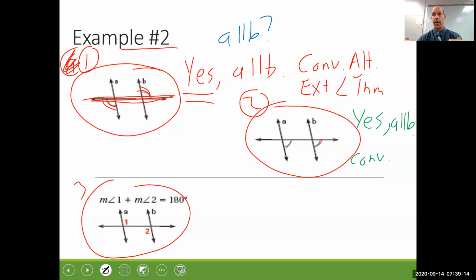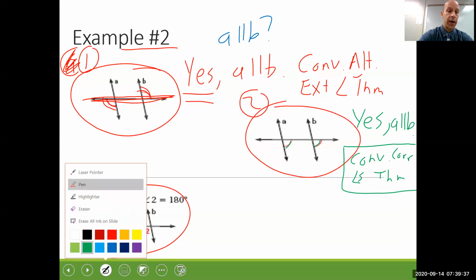They're on the same side of the transversal, and they're on the same relative side of their respective lines. This is what we call the corresponding angles theorem. Now, guys, I'm abbreviating here, but converse corresponding angles theorem. So this one's a yes.